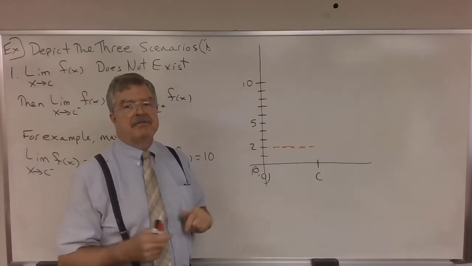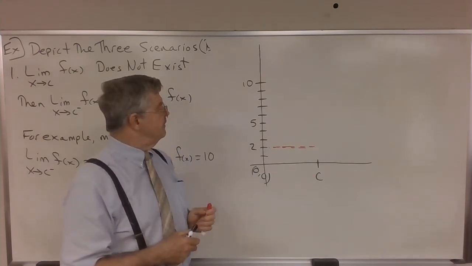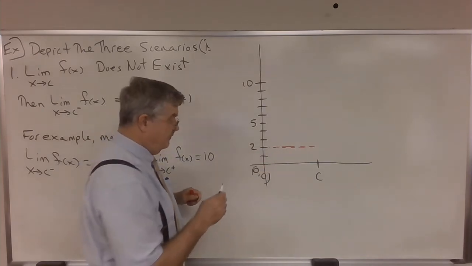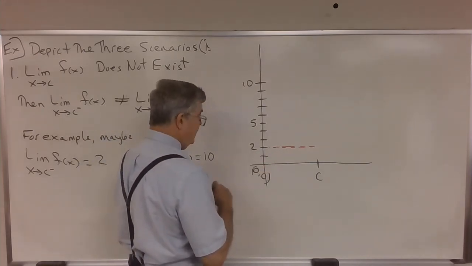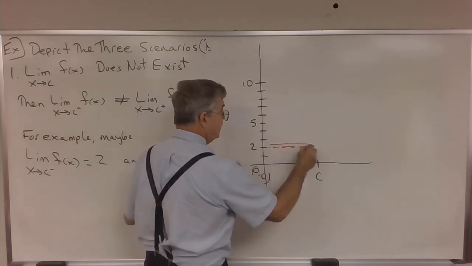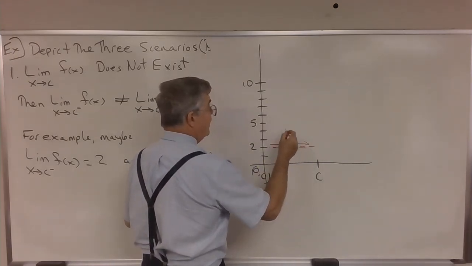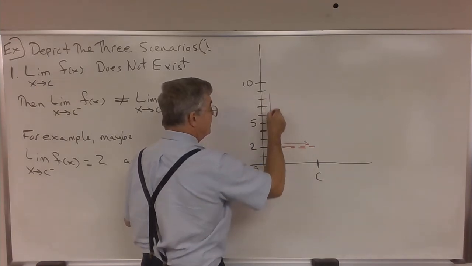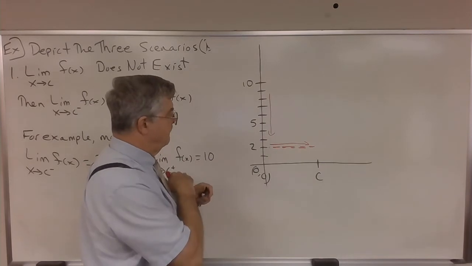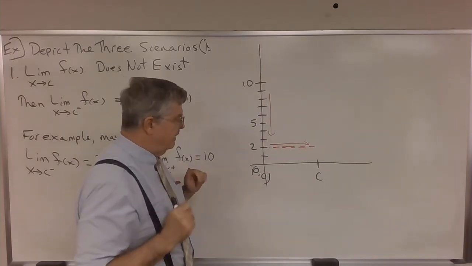Doesn't matter, let's just pick one. Let's just say that the graph approaches y equal 2 from above.